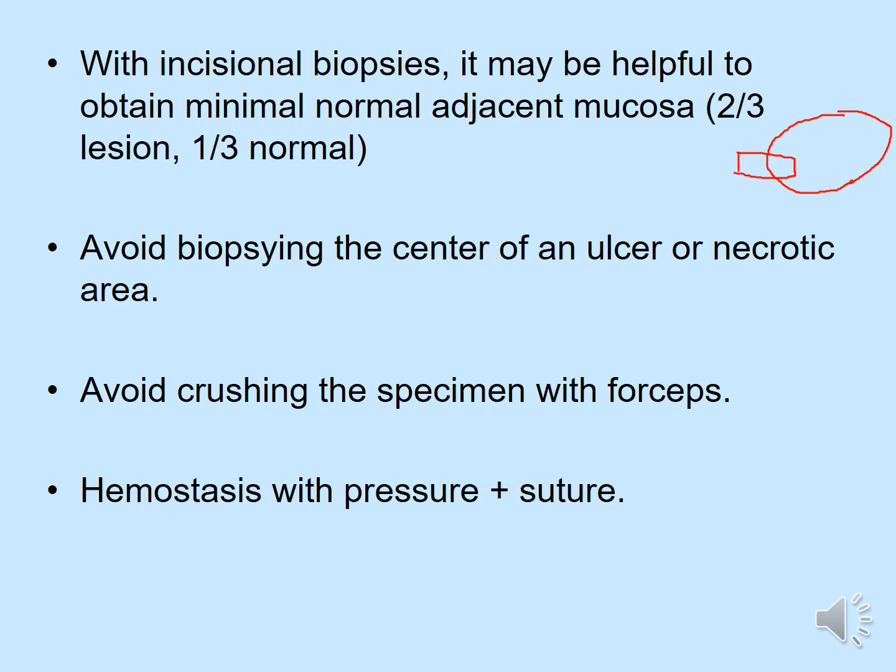Okay, so this is the lesional tissue here, and this is the normal tissue. This is done so that we will be able to compare between the lesional tissue as well as the normal tissue, and in many cases wherein we want to know the cell of origin of the lesion, it is very important to keep this rule in mind.